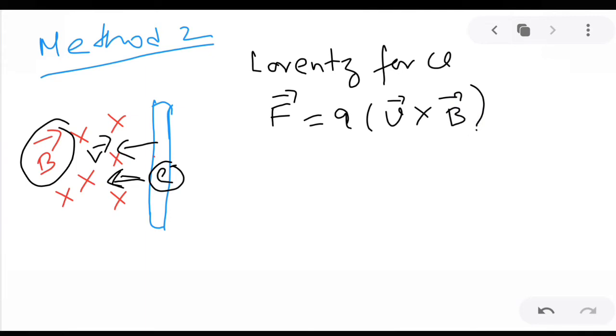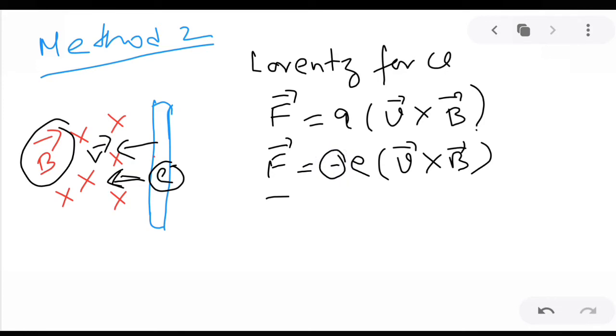Now here we have electrons, so the force on an electron is equal to minus E V cross B. So the force will be in the direction of the negative of V cross B. Now see here, V is towards left, and the magnetic field is directed inwards.